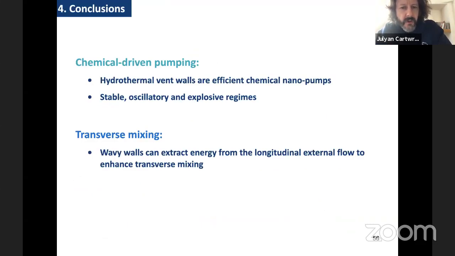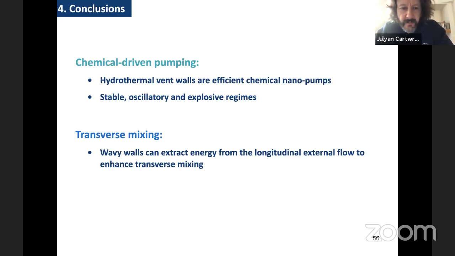And so, in terms of what I'm talking about today, the interest here for the origin of life is that this is a chemically driven type of pump, where the walls of a hydrothermal vent are in effect little nano pumps, chemical nano pumps. They have different regimes: stable, oscillatory and explosive regimes.